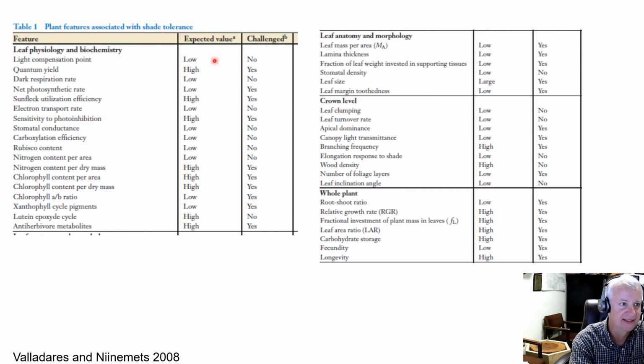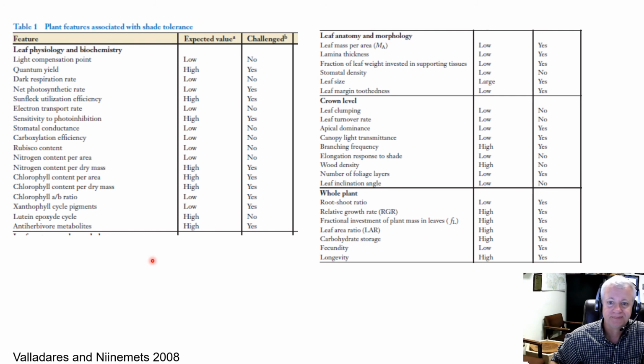Well, you would expect the light compensation point to be low, and you might expect the quantum yield to be high, although I'll dispute that. And this shows whether that's challenged in the literature. Is there some literature that disagrees with what's in this first column? I'm not going to go through all these traits, but I do want to point out a few things.